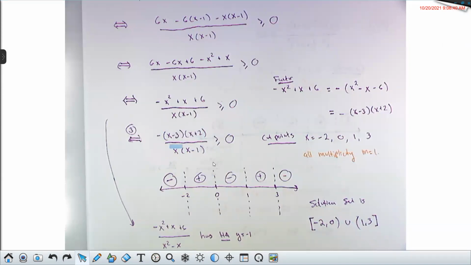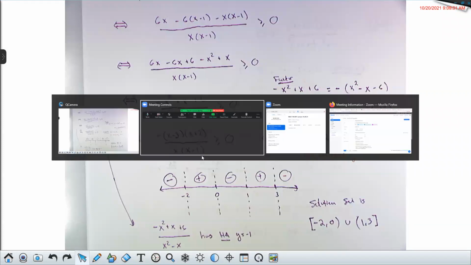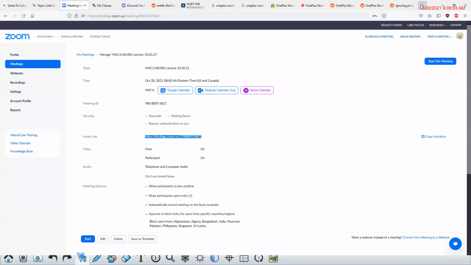And the endpoints that came from the bottom make this whole thing undefined. If I plug 0 in here, I get something undefined because the bottom is 0. If I plug 1 in here, the bottom is 0 again. So we included -2 and +3 with brackets, and we excluded 0 and 1 with parentheses. The last thing I'd like to do before I let you go is just to take a quick look at the graph of this thing in Desmos. Contextualize some of this.